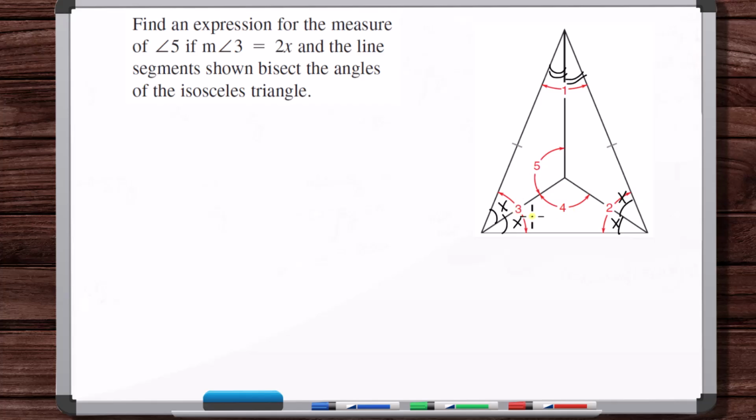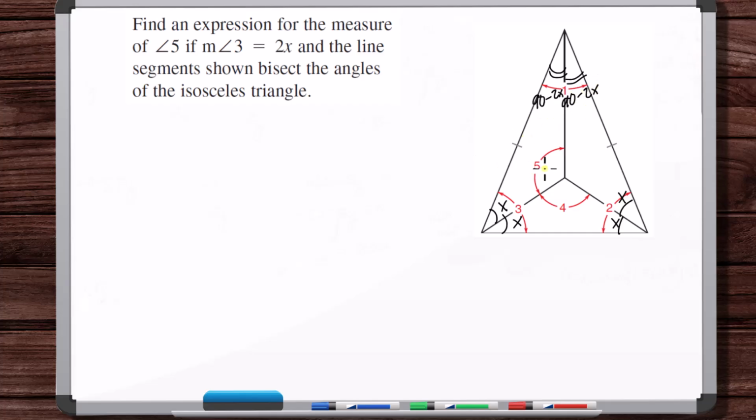Okay, but now we've got 2x plus 2x is 4x, plus, let's say this angle 1 is y, plus y is equal to 180. So y is equal to 180 minus 4x. But if you divide that by 2, you get 90 minus 2x. So this is 90 minus 2x, and so is this.